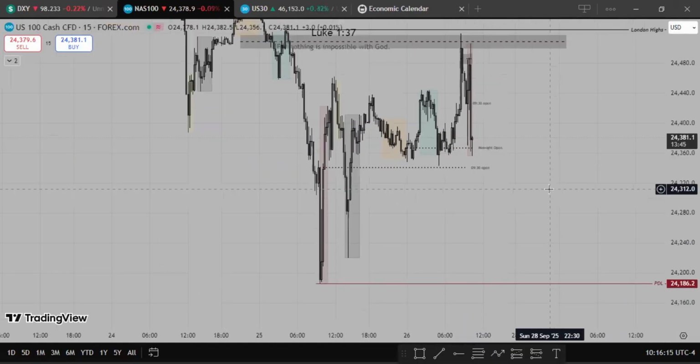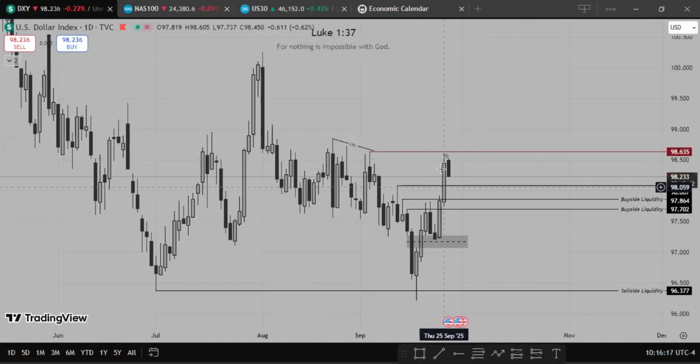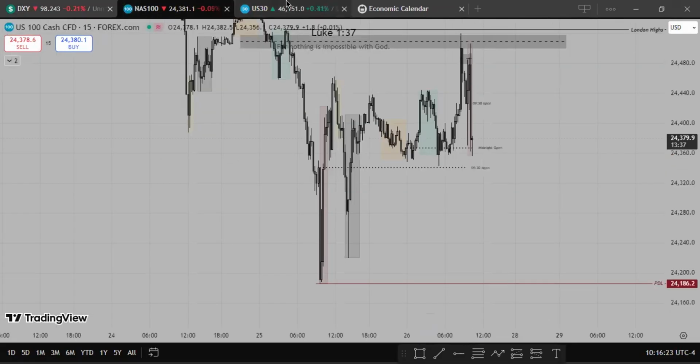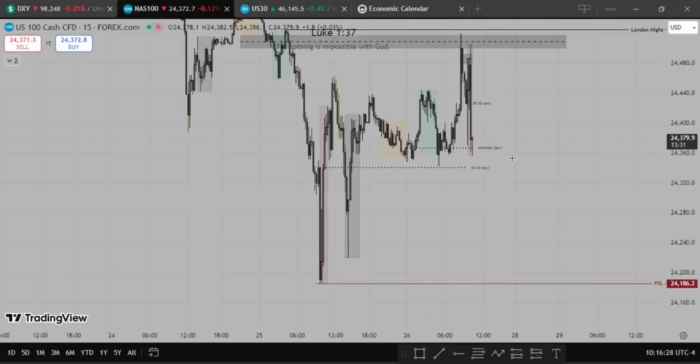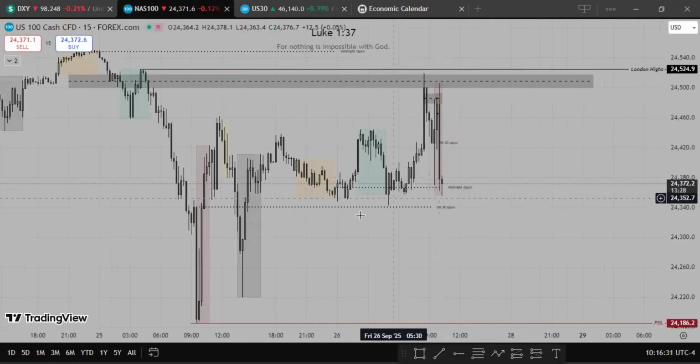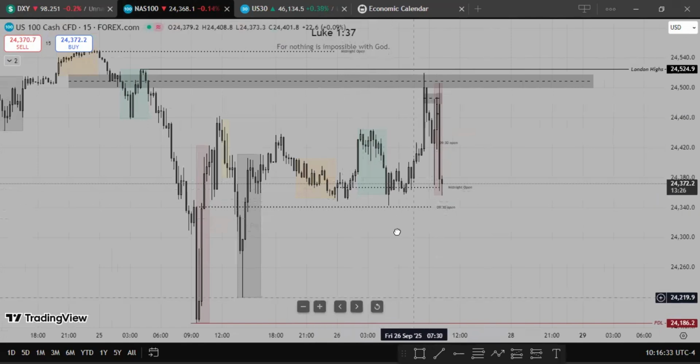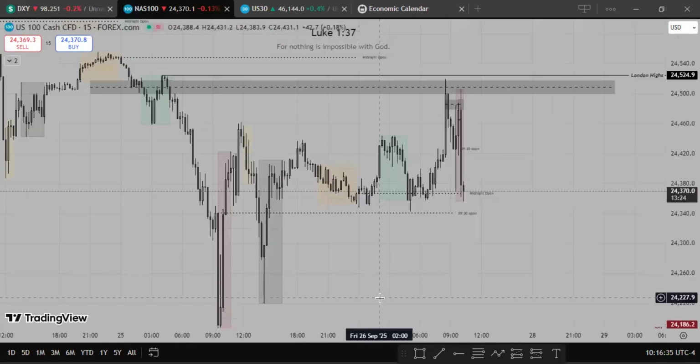I still wanna see if we can get lower prices, but the dollar index is not pushing high. If the dollar index was strongly bullish, then I would still expect sells here. But yeah, I missed this trade. I wanna see if we can take these lows and then potentially come for these.